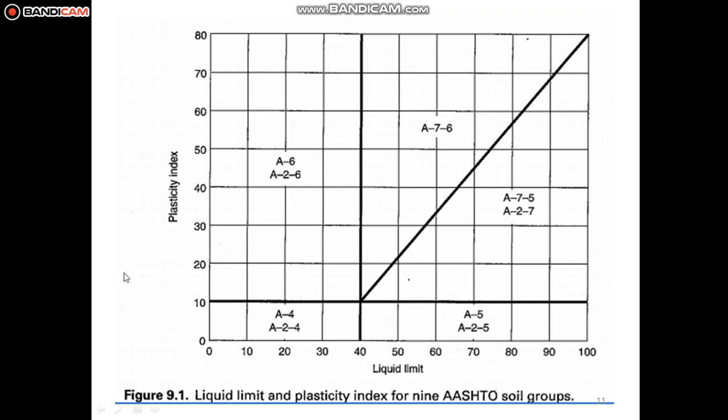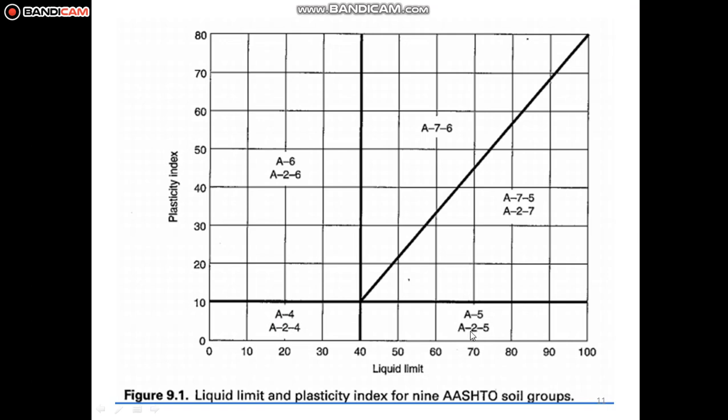So I told you in the previous slide I am going to explain A4, A5, A6, A7 in the graph. Here on the x-axis you can see the liquid limit and on the y-axis the plasticity index. This is figure 9.1, liquid limit and plasticity index for AASHTO soil groups. If the liquid limit is less than 40% and plasticity index is less than 10%, that comes under A4 group.